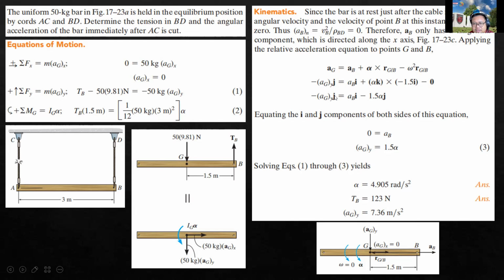So you are dealing with this set of equations. Equating the I and J components, you have something like this. Sometimes you can also ignore this part to make it much simpler and jump to this point. You can either proceed from here or proceed to this part, which is A equals R alpha, because you know R is actually 1.5 in this case. After you know all this, you can solve for alpha, TB, and AG in the y direction. That's all.